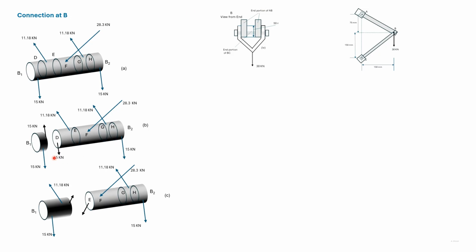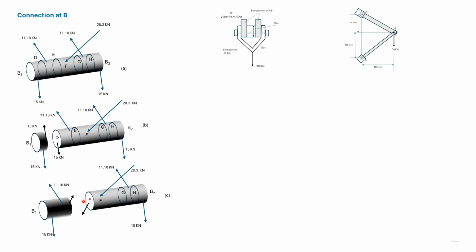So here we have taken a section at D between these two loads. There's an action-reaction force acting at D, and starting from the left, we see that the magnitude would be 15 kilonewton.